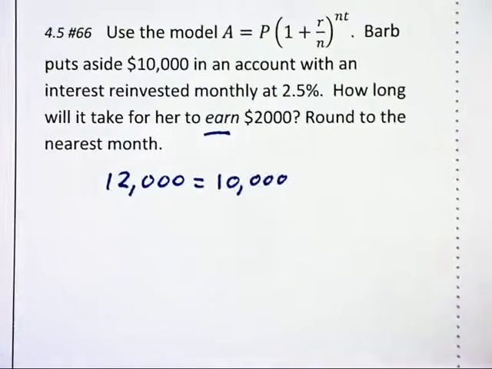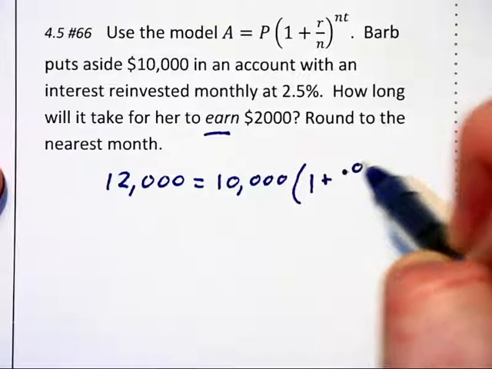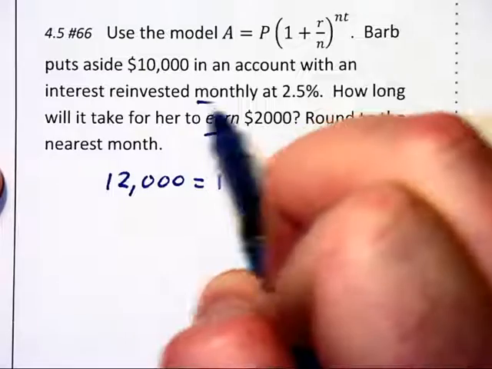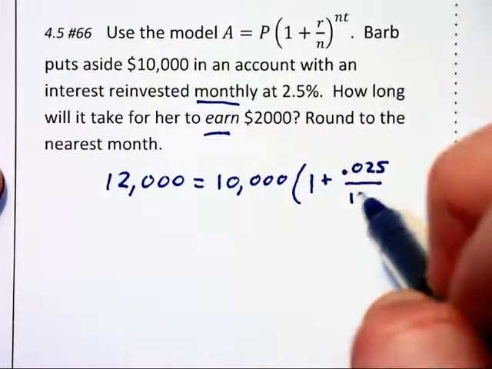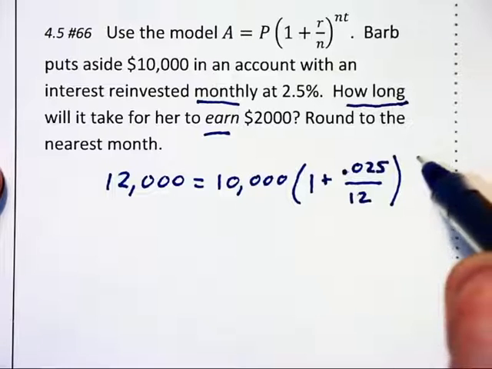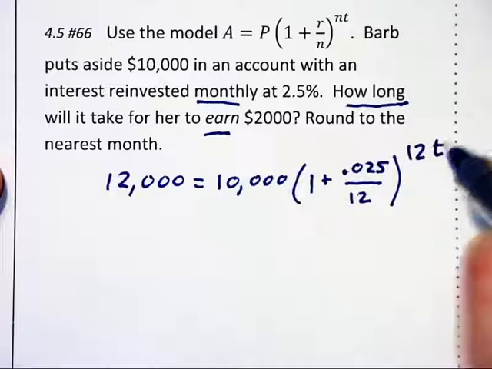Okay, be careful with that. We're going to have 1 plus interest rate 0.025 over monthly, which tells us we're dividing by 12. We're asking how long, so we're solving for time, so n is 12. t is what we're solving for.